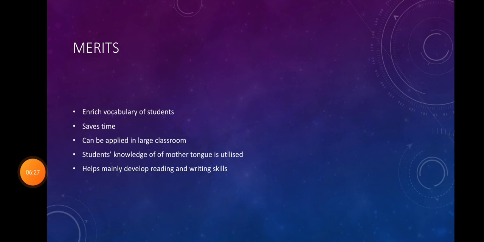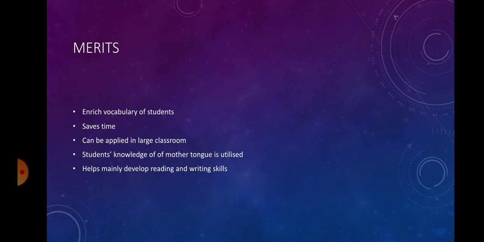Grammar translation method enriches the vocabulary of the students, because here the teacher helps the students to translate the English language into their own mother tongue. So it increases the students' knowledge of vocabulary.